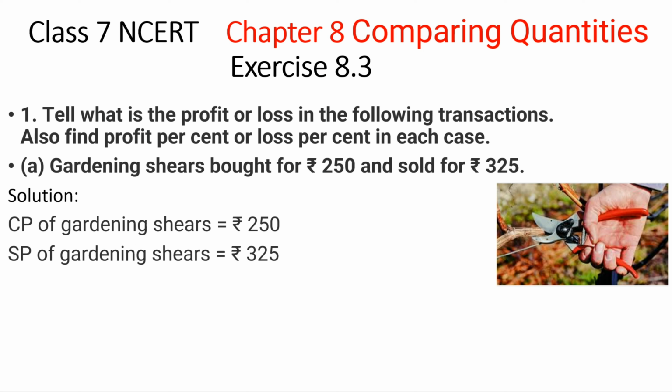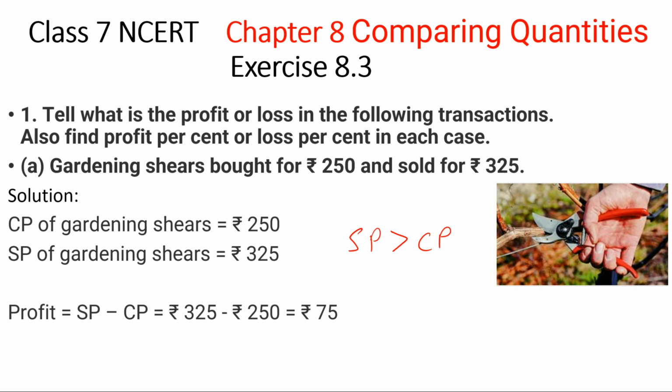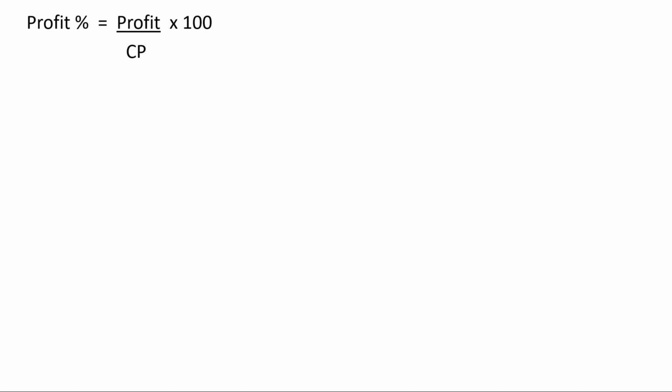So here SP is greater than CP. Therefore there is a profit of 75 rupees. We would do SP minus CP, which equals 75 rupees. Now we are going to use the formula of profit percent, that is profit by CP multiplied by 100.